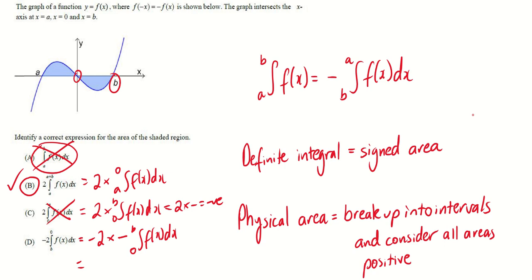Okay, so let's see how we go. So negative 2 times negative, well, this definite integral is actually negative. Okay, so I'm going to end up with negative 2 times negative of a negative number, which will end up negative as well. I'm after an expression for the actual physical area. So this one's no good as well because it gives me a negative value.